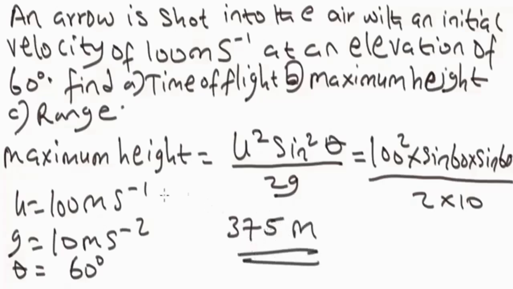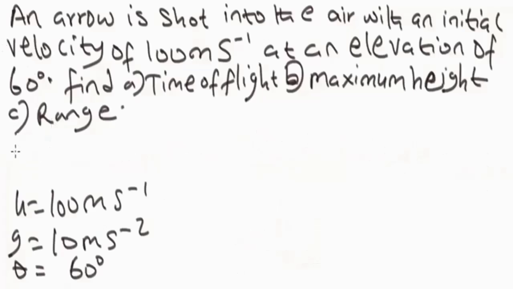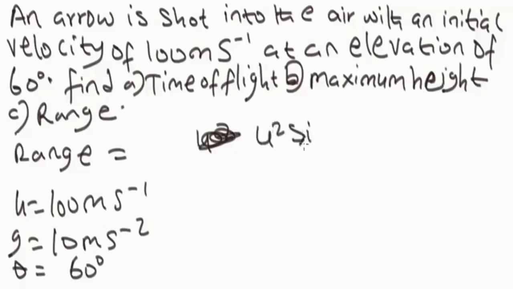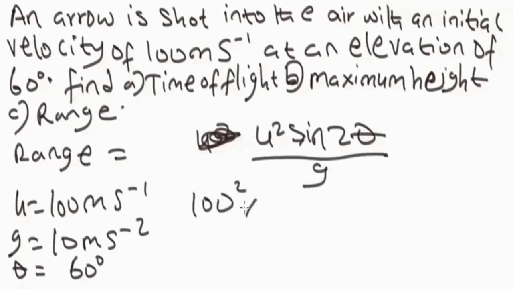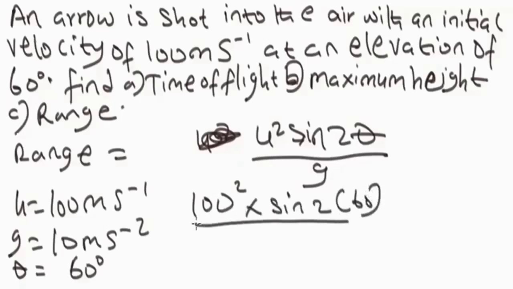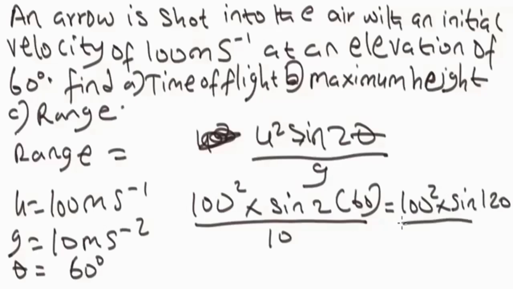Let's wipe this and solve for range. Range is calculated using u square sine 2 theta over g. When you substitute, you have 100 square times sine 2 times 60, which is sine 120, over g, which is 10.